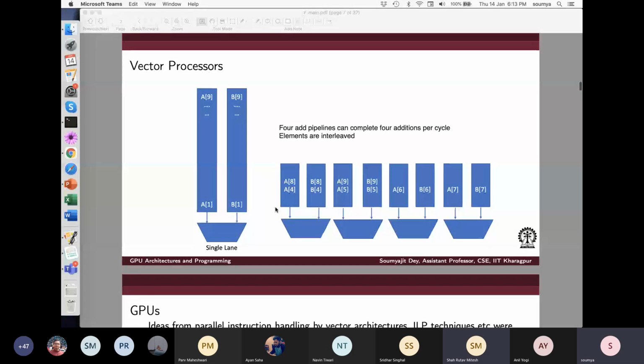I mean, the optimization simply means adding more resources. It's very simple. Let's look at the single lane picture. Suppose I want to add these two vectors in, let's say, 10 milliseconds. What is the clock rate I require? 1 clock per millisecond, right?